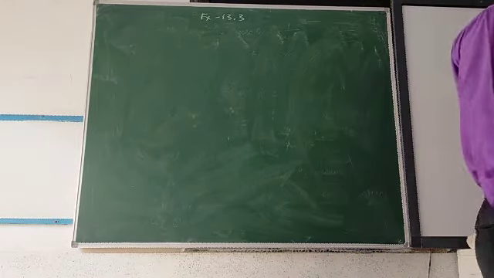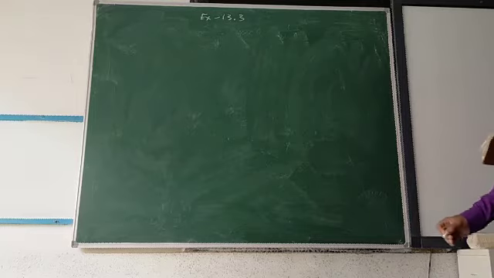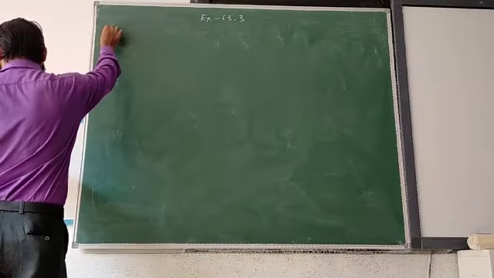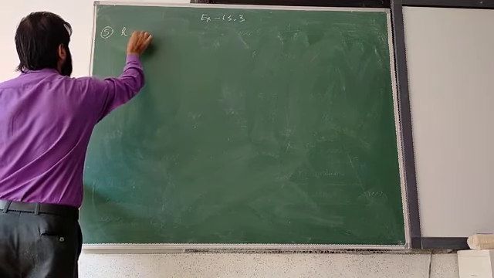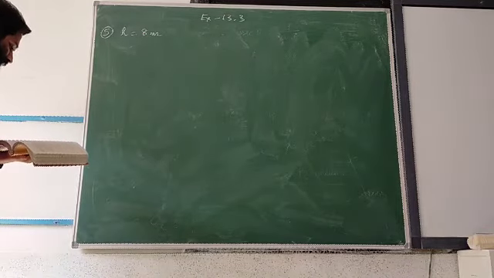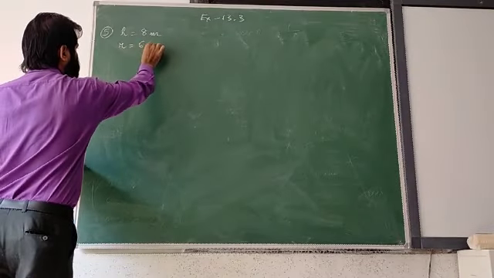What length of tarpaulin 3 meter wide will be required to make a conical tent of height 8 meter? Height is being given, so write height of a cone 8 meter, and base radius. So radius of a cone 6 meter.